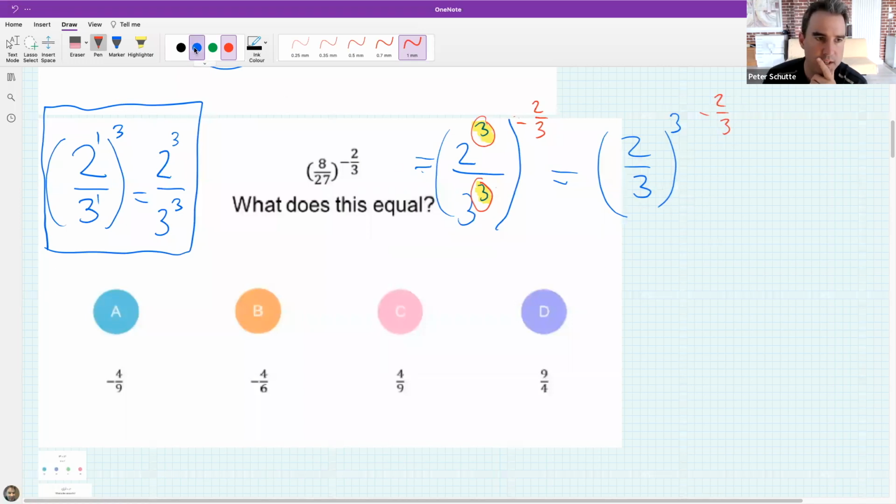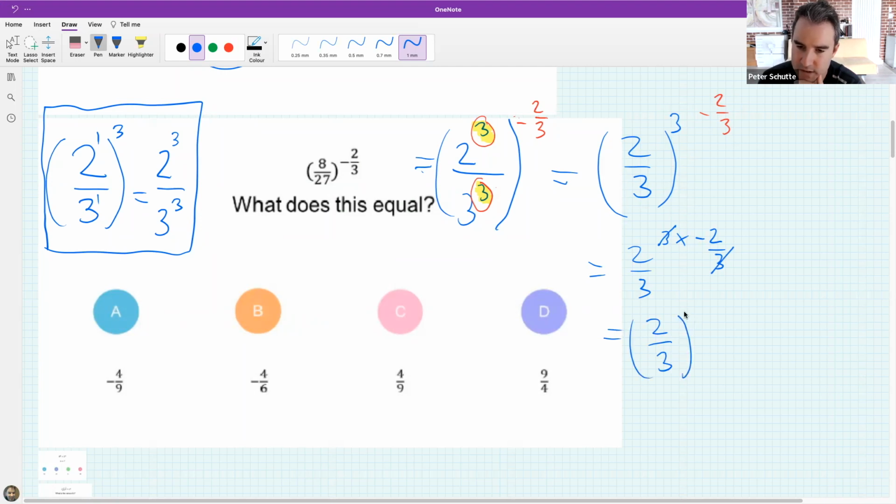Now for that last step, we multiply these two together. This is a bit trickier, but can you see how we cancel these out? So we now get 2/3 to the power of -2.